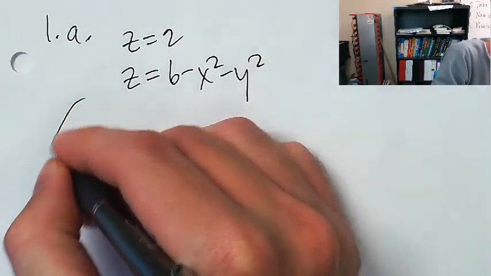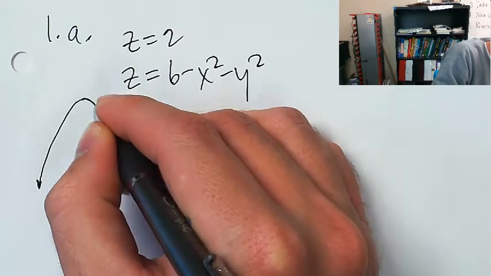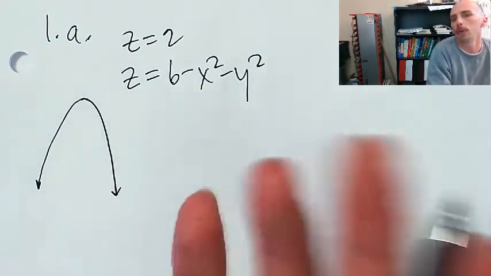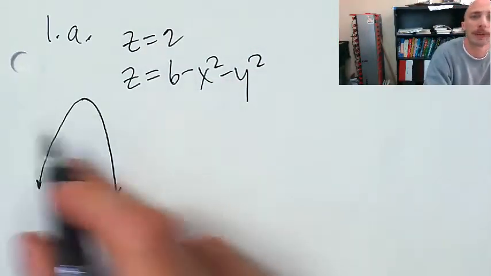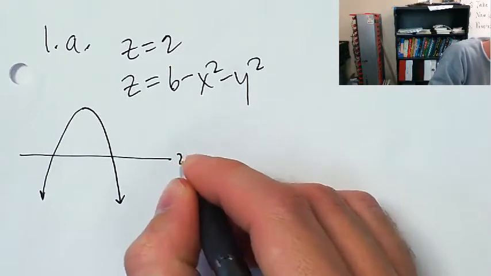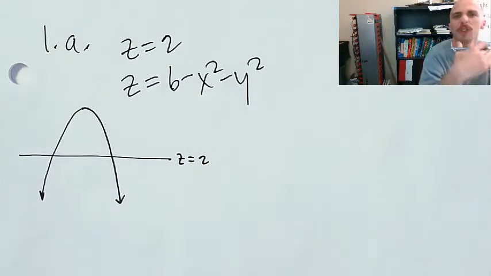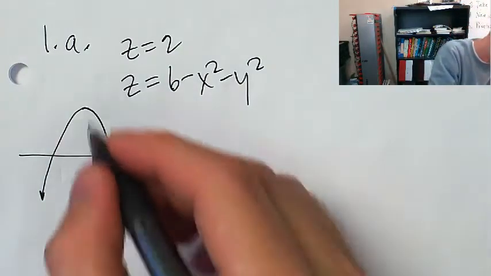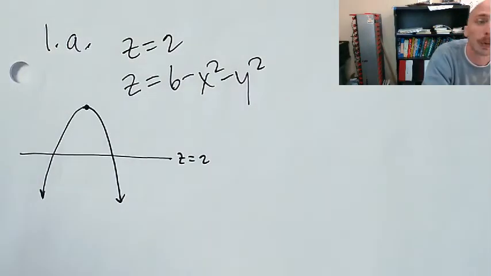I don't really know how to draw this all that well, besides to say it's going to look like a paraboloid, but we know it's a solid. And then there's going to be z equals 2, which is going to come in over here. Just envision it being a flat plane. And up here, that would be z equals 6.